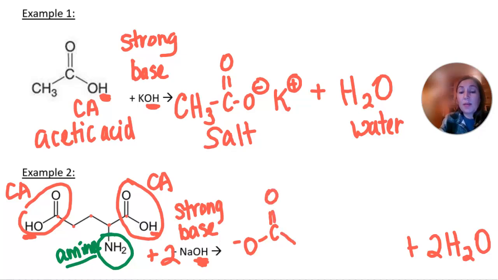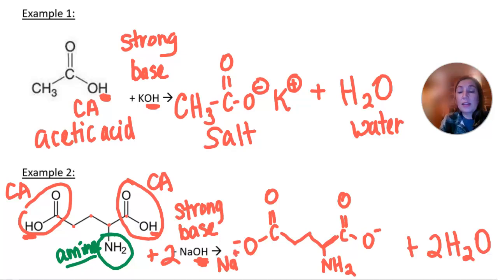The first O minus is connected to a C, double bonded to an O. Then I'm going to copy the carbon chain in between: CH2, CH2, CH, and that CH had an NH2 on it, the amine. Then it's connected to a C that's double bonded to an O and also has an O minus on it. Who's the counter ion for these O minuses on these carboxylates? Na plus.